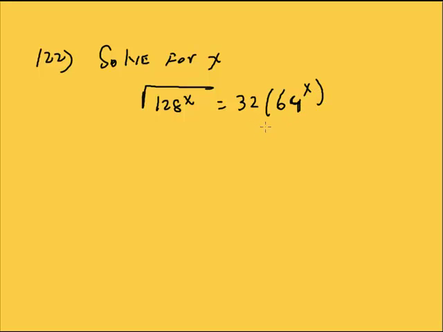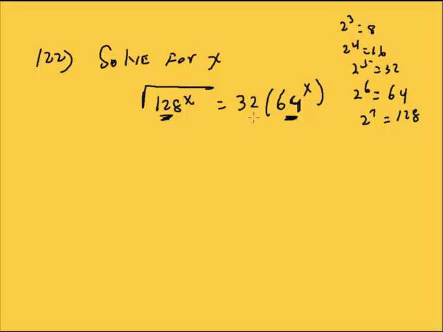If you notice, I can write 64 as 2 to a power. Well, 2 to what power is 64? Let's figure that out. I can write 128 as 2 to some power too. 2 to the third power is 8, so 2 to the fourth is 16, 2 to the fifth is 32, 2 to the sixth is 64, and 2 to the seventh is 128.